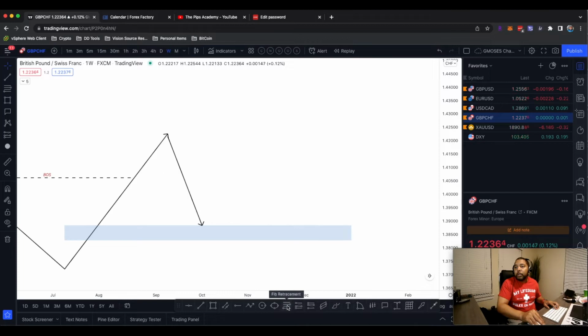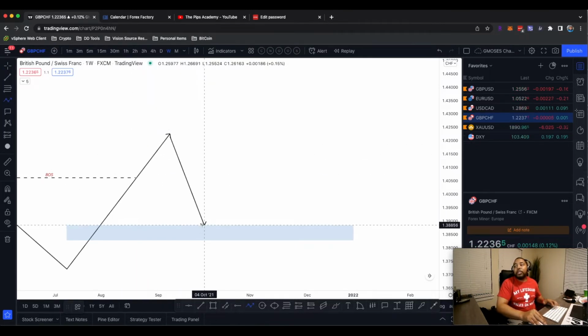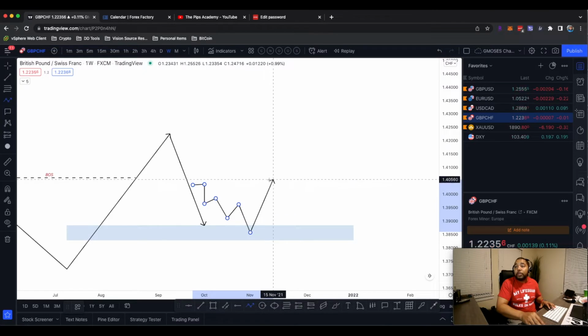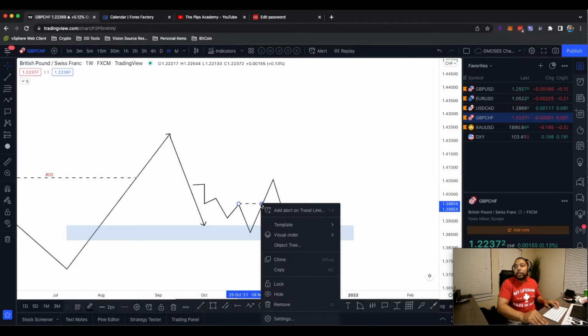Let's say you get a break of structure on the 4-hour time frame, but then you drop to the 15-minute, and on the 15-minute you start to see a down structure, but you get a break of structure in this area, and you start to get a pullback of 50% of this particular area here.